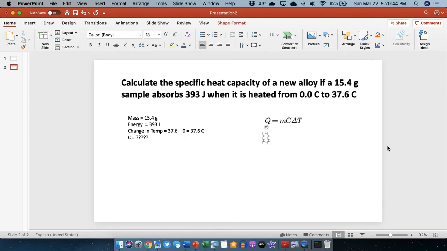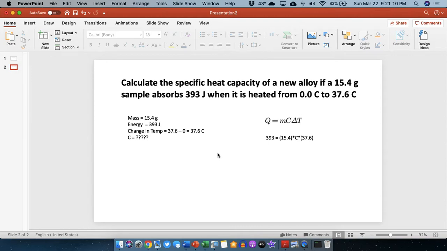My Q, that's my energy, that's going to be 393, is equal to my mass, 15.4, times my specific heat, which I don't know, times my change in temperature, which I already figured out was 37.6. Cool. So, how do I figure this out?